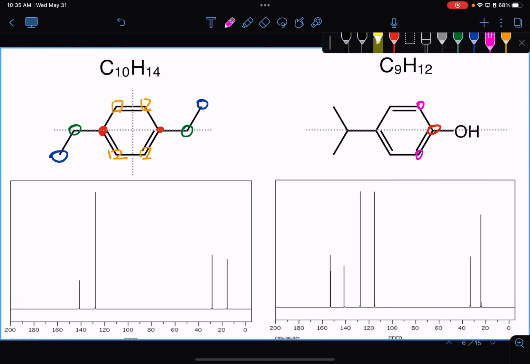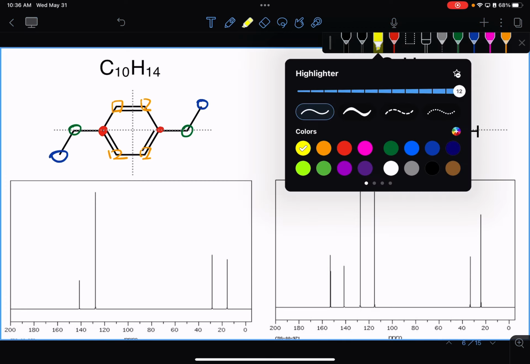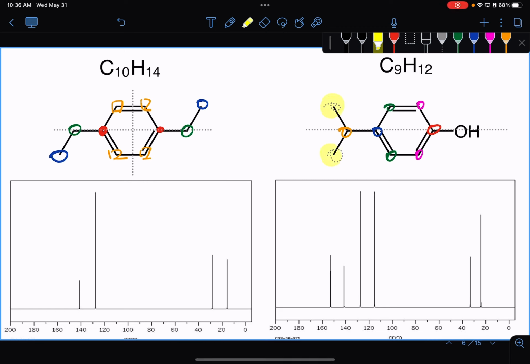And then these 2 are equivalent, these 2 are equivalent. This one is different. This one is different. And at the end, at the terminal, you have free rotation of those two terminal methyl groups. So let's see, we have 1, 2, 3, 4, 5, 6, a total of 6 different kinds of carbon atoms.